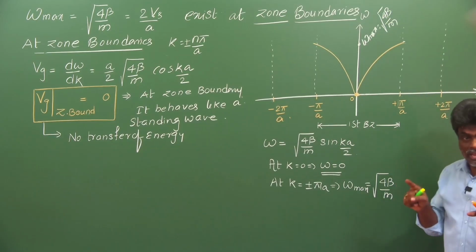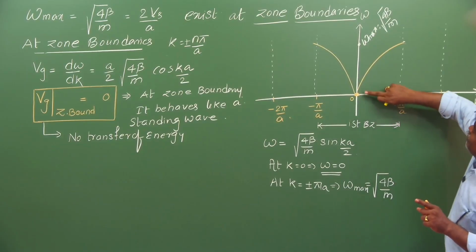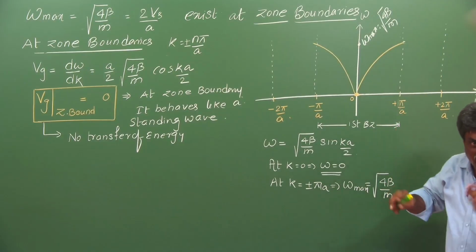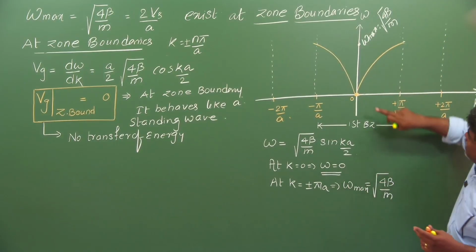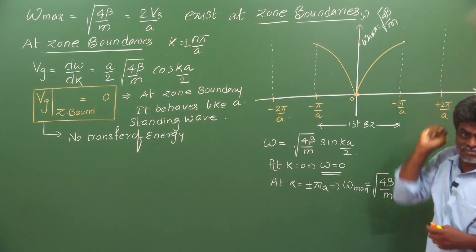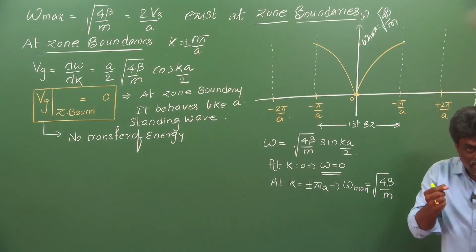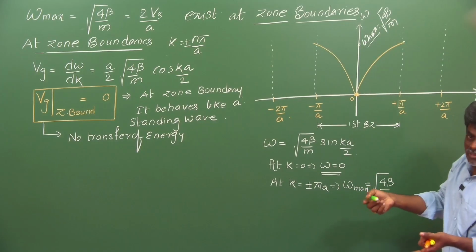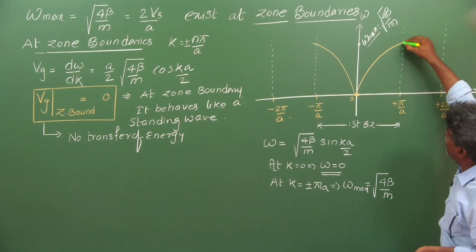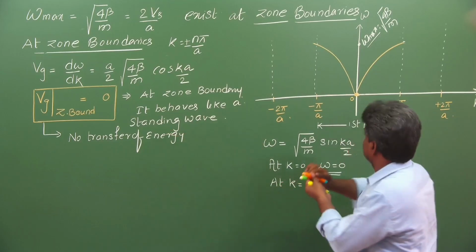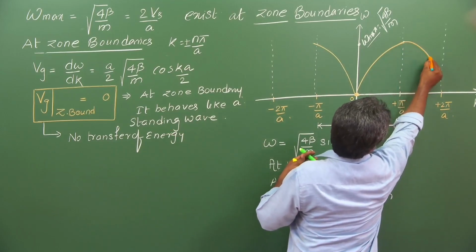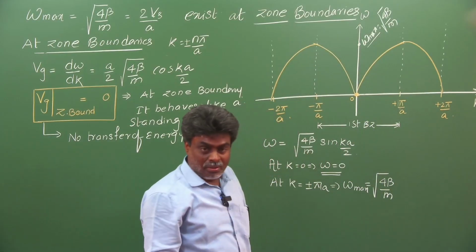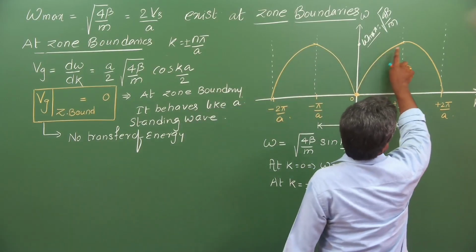If it is allowing further energies, then this wave will go like this. For example, if it is allowing all the frequencies, then it will go to infinity. Are you understanding? But what is happening? It is allowing only up to this, and that too at the zone boundary it behaves like a standing wave.